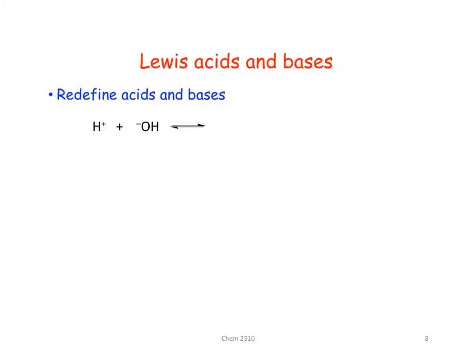Okay, so for Lewis acids and Lewis bases, we're not talking about protons, but we're going to talk about electrons. All right? So a Lewis acid is going to equal an electron pair acceptor.